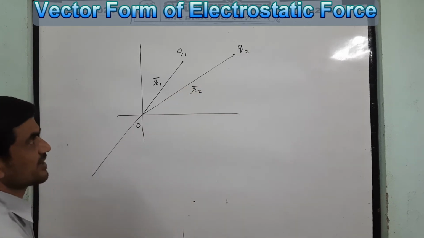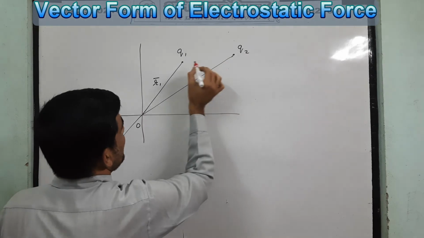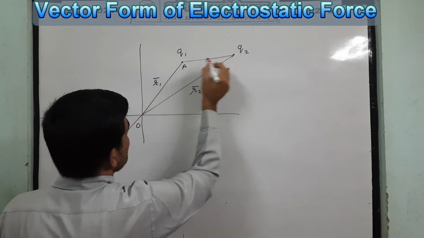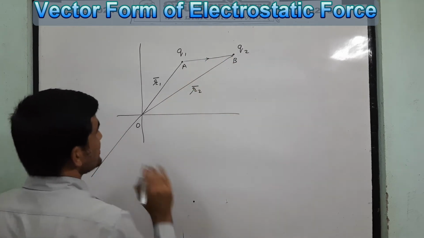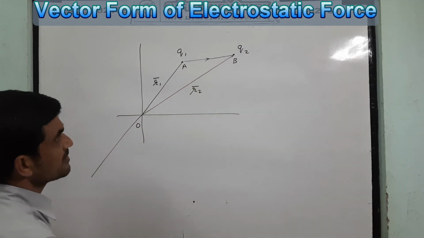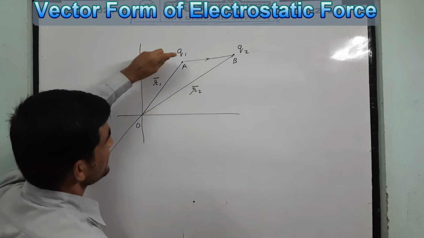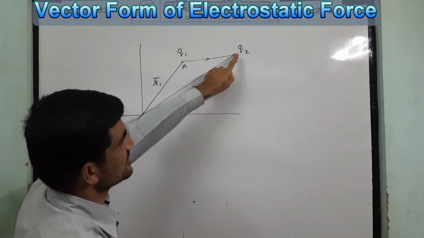These are the position vectors. So what is this vector r? This is the vector r. Say A and B are two points in a space. Their position vectors are r1 and r2 bar, where we are keeping a charge q1 and charge q2.